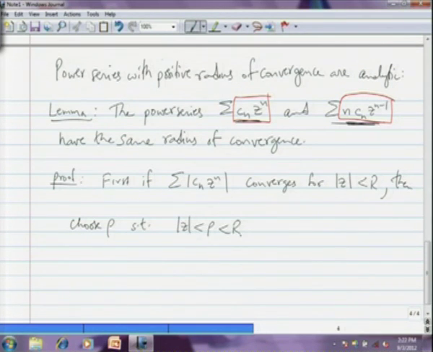So, you are choosing a rho between the modulus of z and the radius of convergence, and assume z is not equal to 0, because I am going to divide by z. Then the modulus of the nth term here.